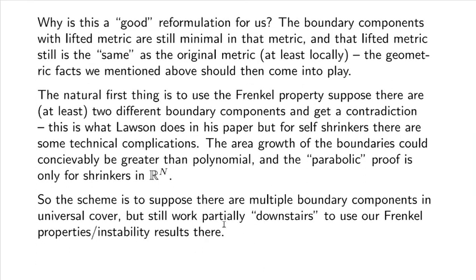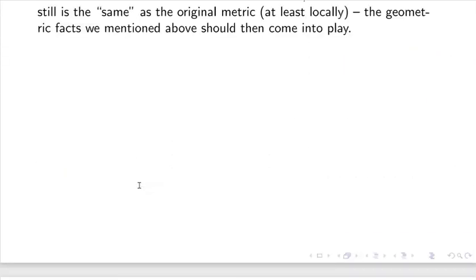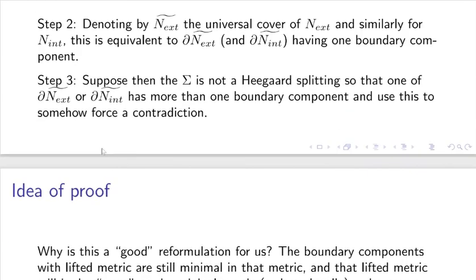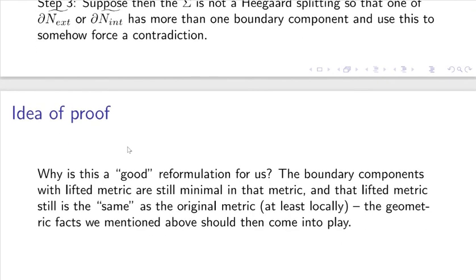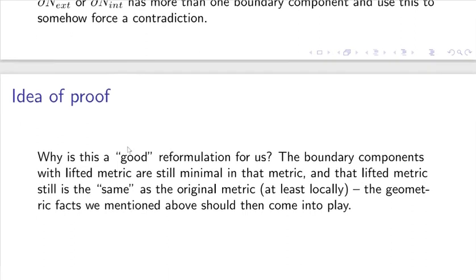So the scheme is, suppose you still want to do a proof by contradiction. Suppose that there's many boundary components of either the universal cover of an exterior or the universal cover of an interior, but somehow do some of the work downstairs, some of the work in the base instead of the universal cover, because that's where our Frankl properties live.